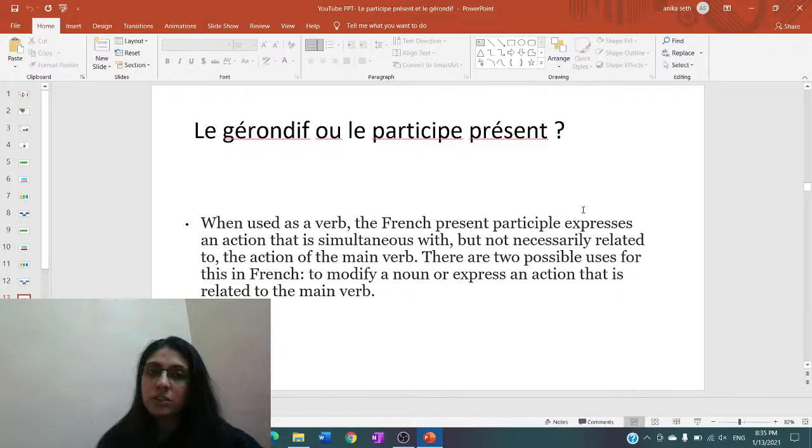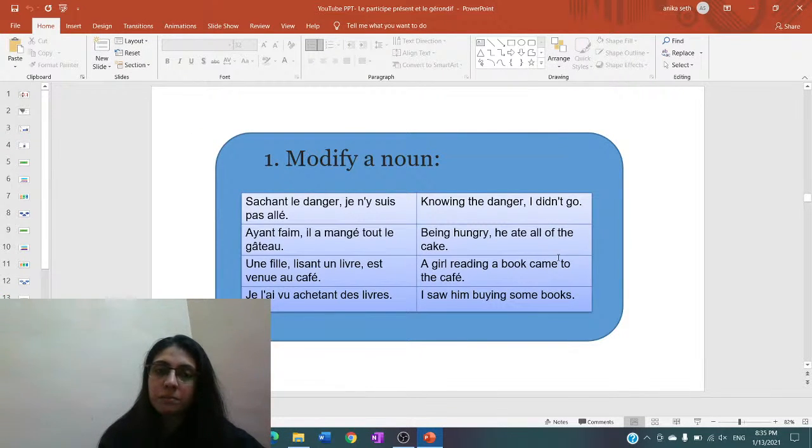Now again the question, le gérondif ou le participe présent. When used as a verb, the French present participle expresses an action that is simultaneous with, but not necessarily related to, the action of the main verb. So there are two uses for this: to modify a noun, or to express an action which is related to the main verb.